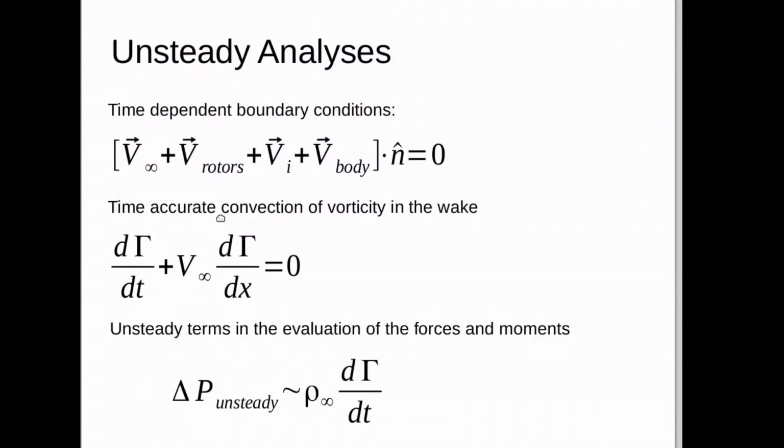And so that boundary condition is now not just fixed geometry. You have to take into account that there are moving geometries like rotating propellers. You have to do time-accurate convection of the vorticity in the wake. So at a simple linearized level, the vorticity gamma is convected downstream in the wake. So you don't have these wakes that go off to infinity, and you're not just solving for a steady state wake shape and distribution.